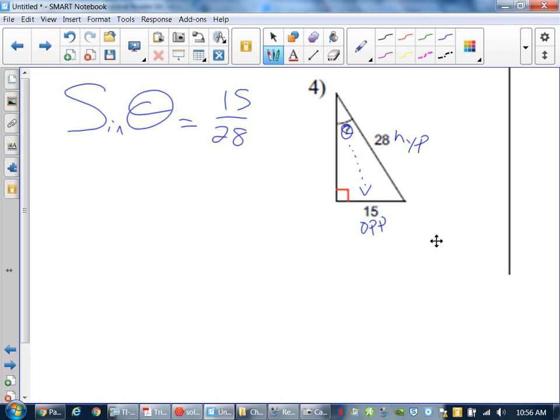Which means to get theta by itself, what button do you have to press? Second sine, good. So your angle is the inverse sine of 15 over 28. And then press buttons. You always show what you're going to do before you do it.